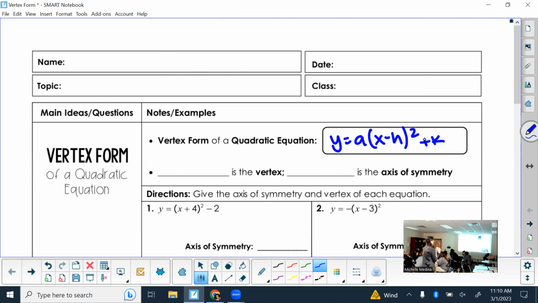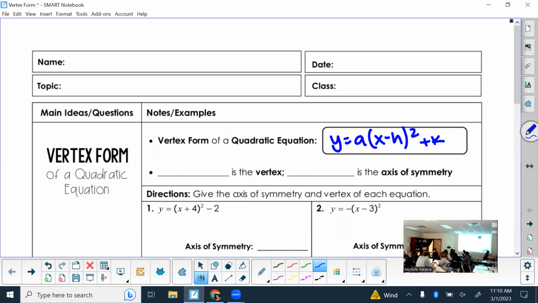All right, y equals a(x minus h) squared plus k. So with this form, one of its pros is that you can clearly see the vertex.